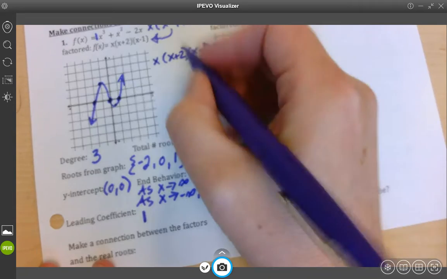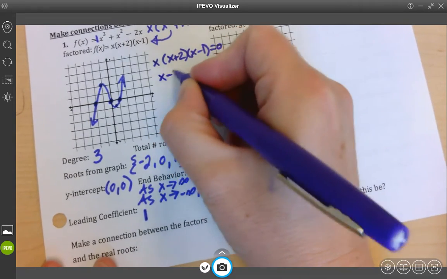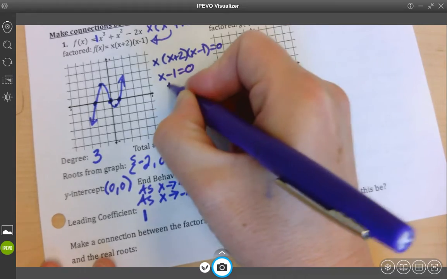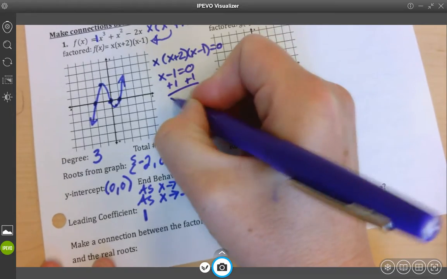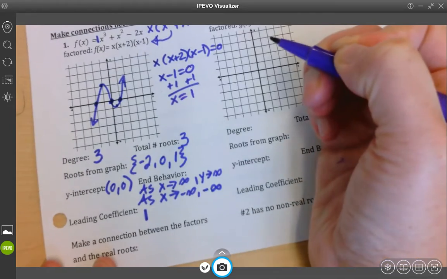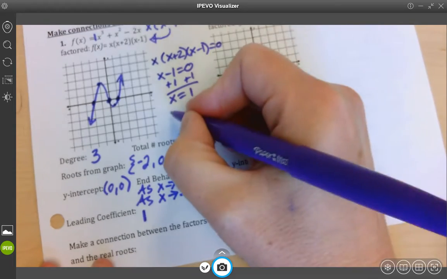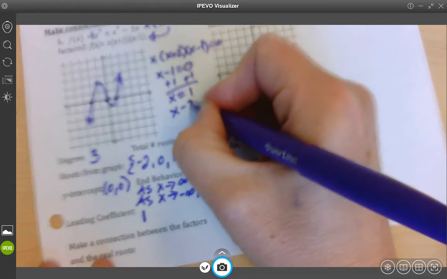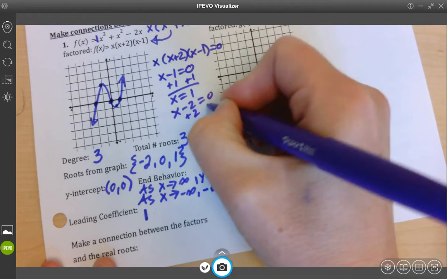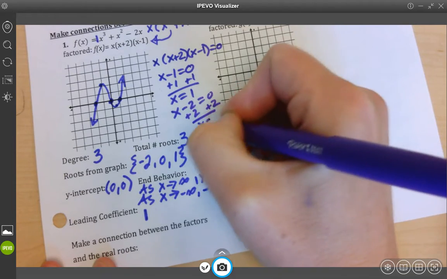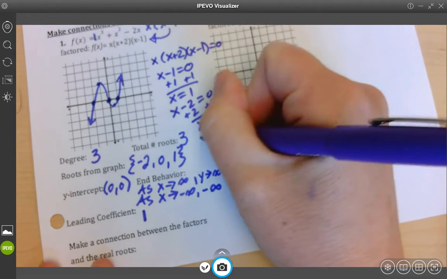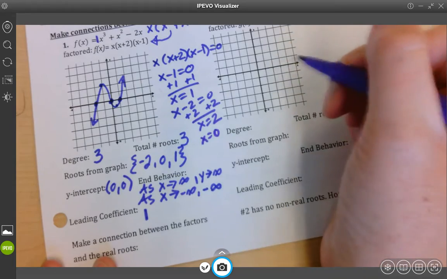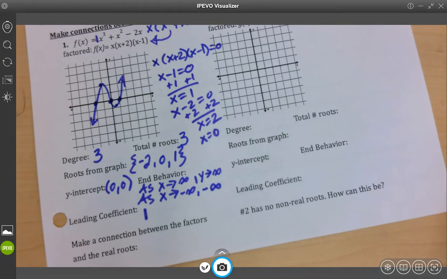And then just like Steph was saying, we could use inverse operations to solve them, right? So we would get x equals 1, and we would get x minus 2 equals 0. So we would get x equals 2. And of course, this is just x equals 0. So these are all very good.